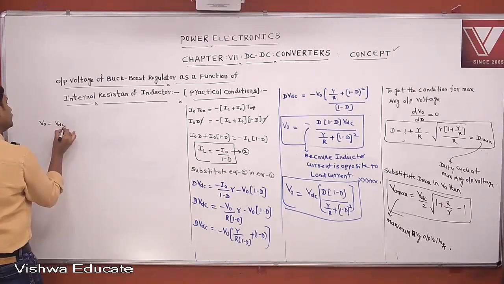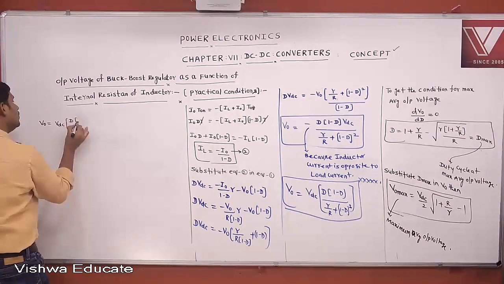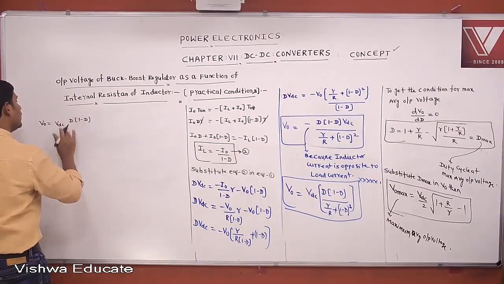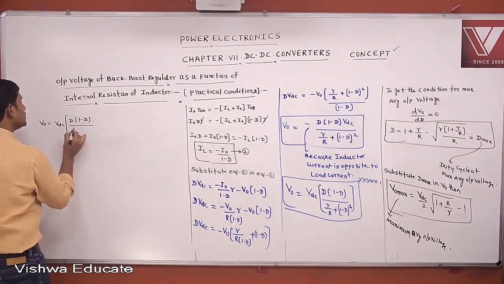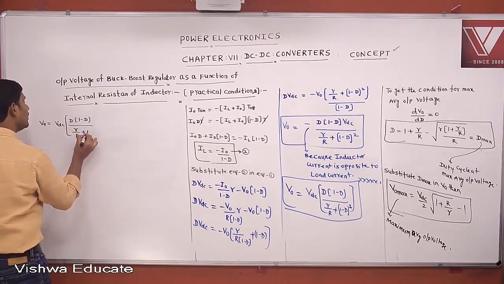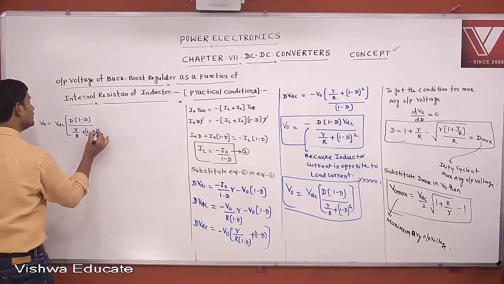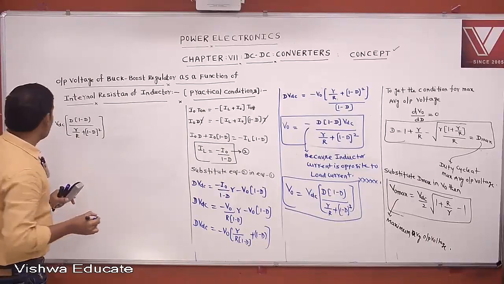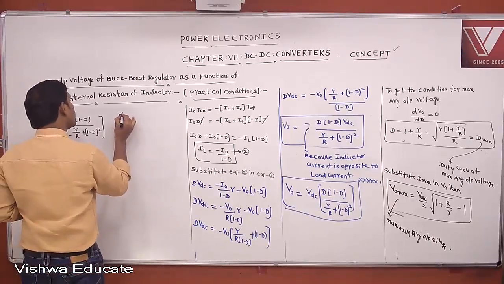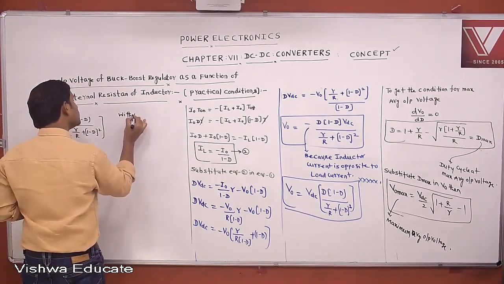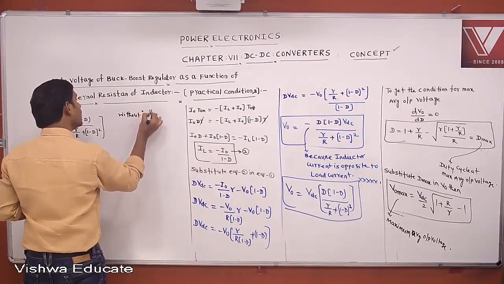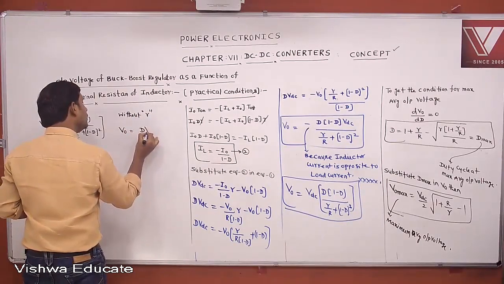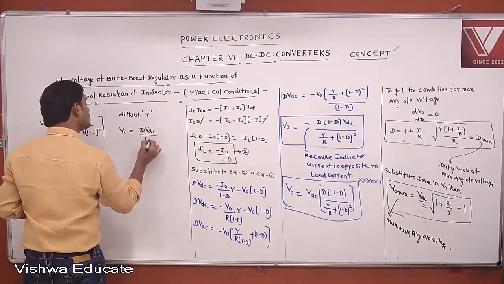VDC into D into 1 minus D by small r by capital R plus 1 minus D whole square. This you know. Then without small r, V0 equal to D into VDC by 1 minus D.